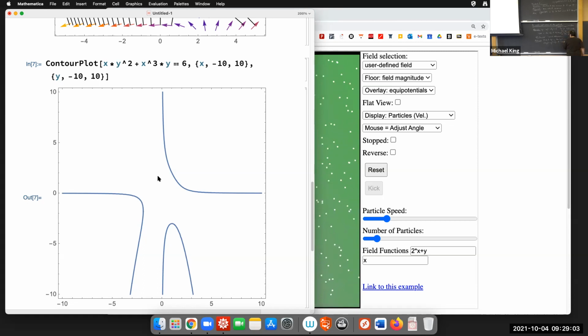Right? We're just setting that equal to 6. Okay. Well, we can do the gradient. We can take the gradient of this.